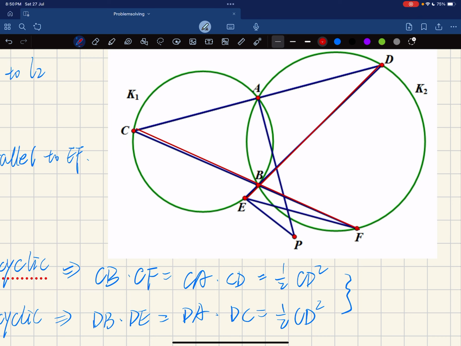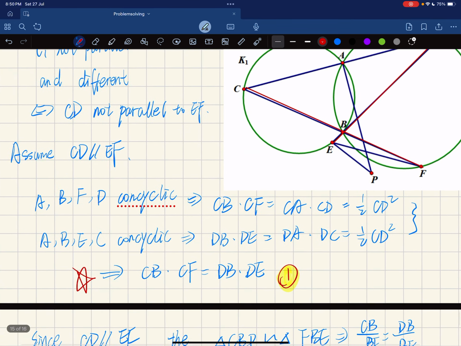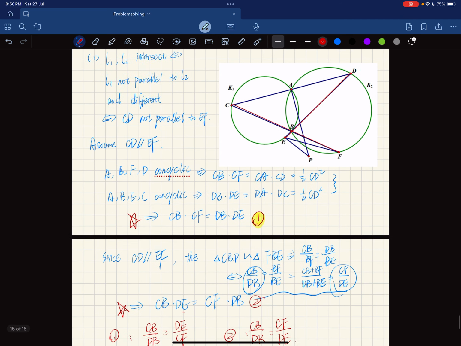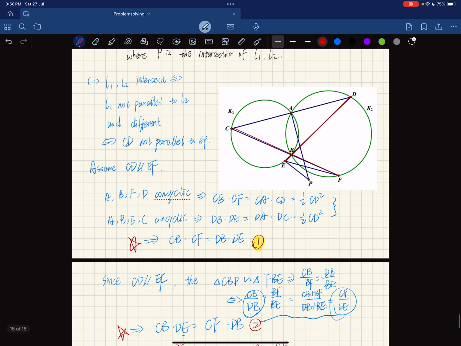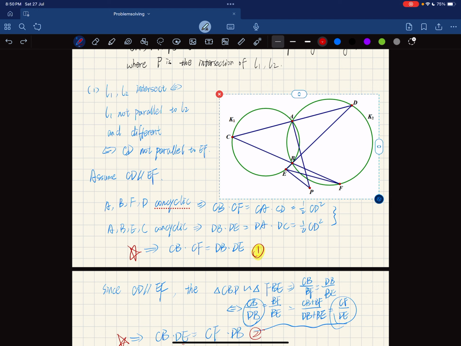So what can we get from this conclusion? We must have, let me copy the photo here.